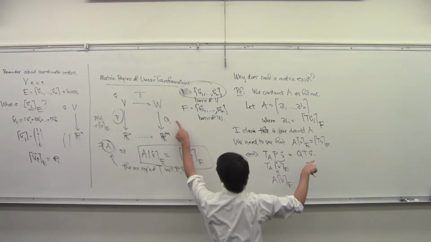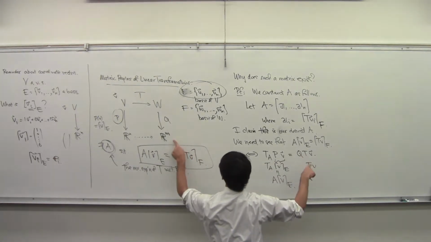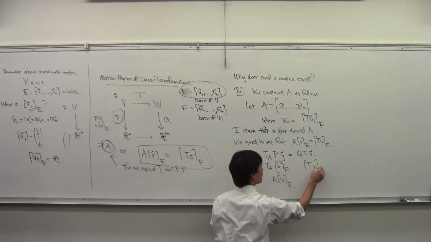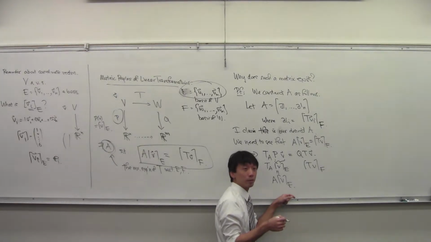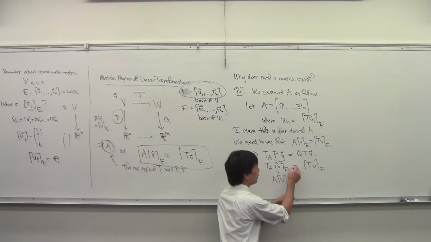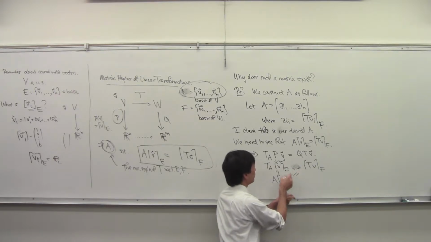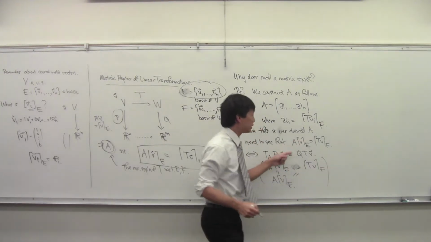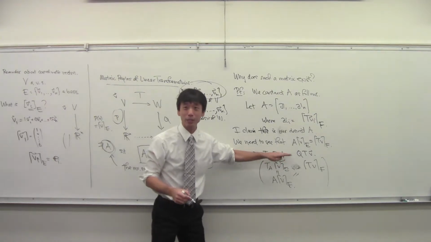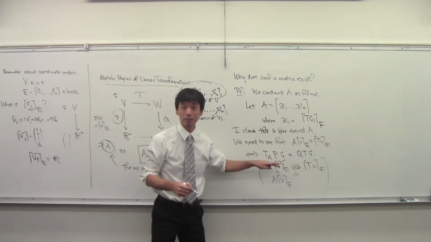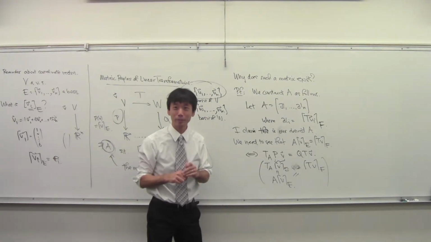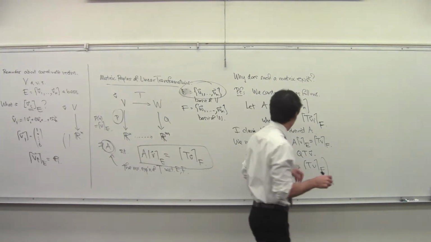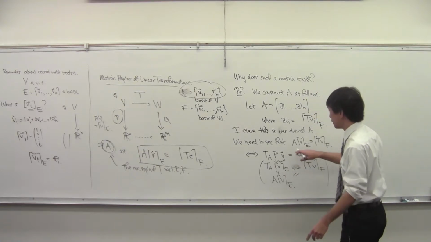What's Q? Q is the coordinate vector map with respect to F. So this is the coordinate vector with respect to F of that. So you see that these two are exactly the same statement. I'm just changing the notation a little bit. Everybody okay? Okay, good.